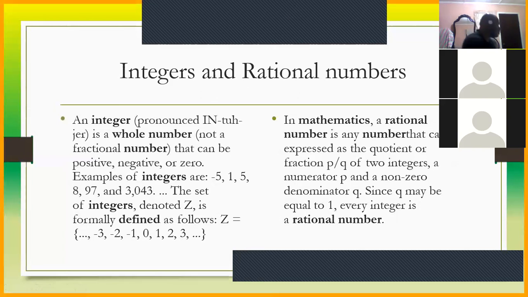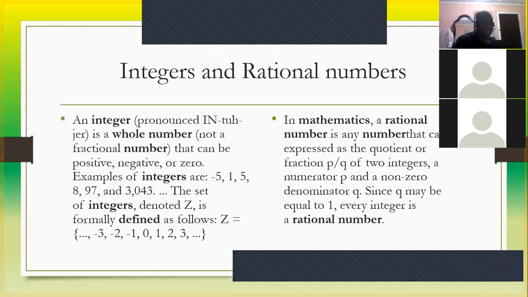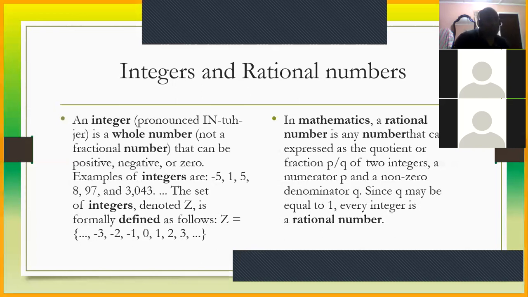Novlet. Okay. In mathematics, a rational number is any number that can be expressed as the quotient or fraction P over Q of two integers, a numerator P and a non-zero denominator Q. Since Q may be equal to 1, every integer is a rational number.